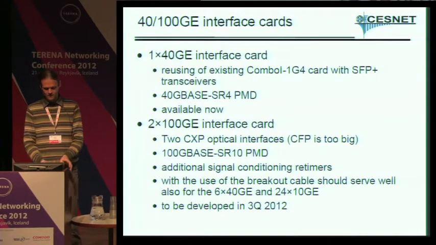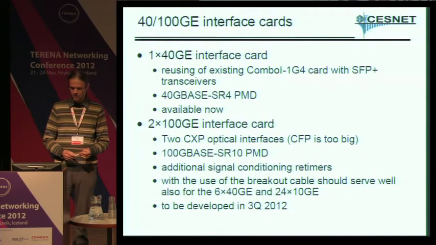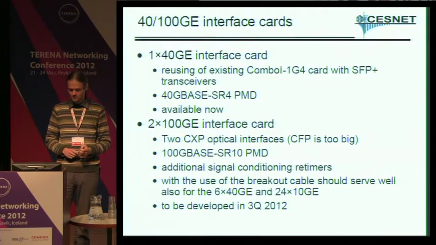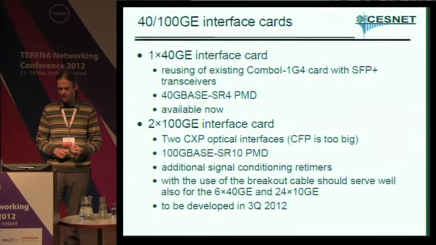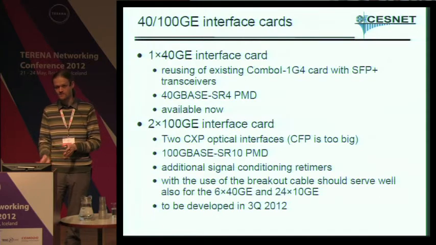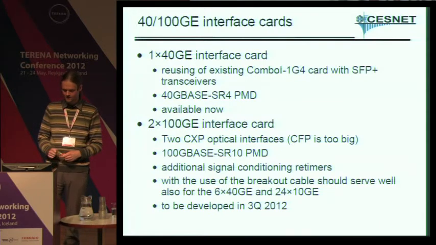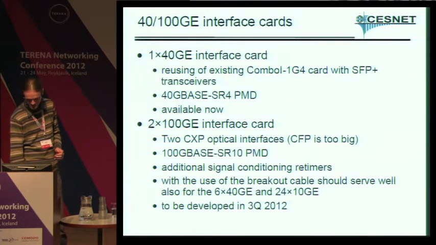With the use of a special breakout cable, we should be able to do 6 times 40G or 24 times 10G with this card and the mother card. This is yet to be developed.